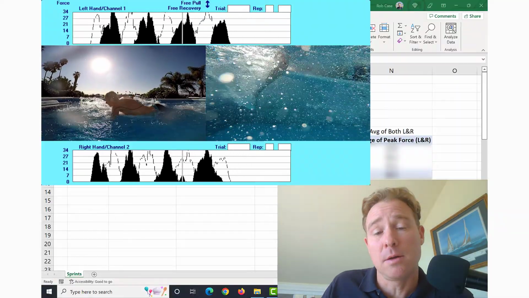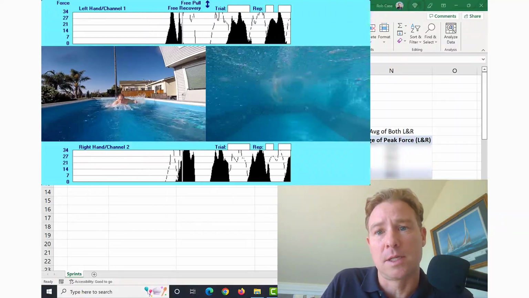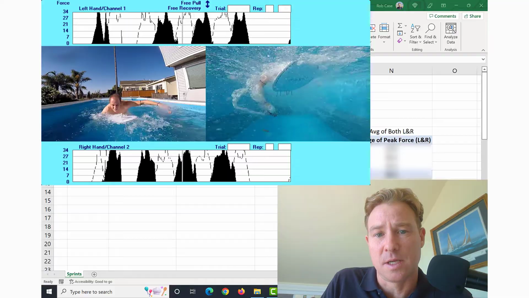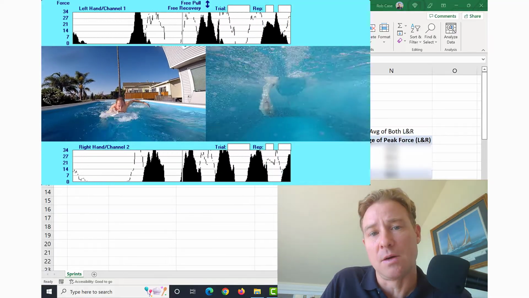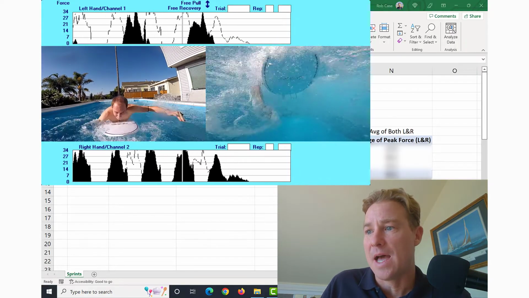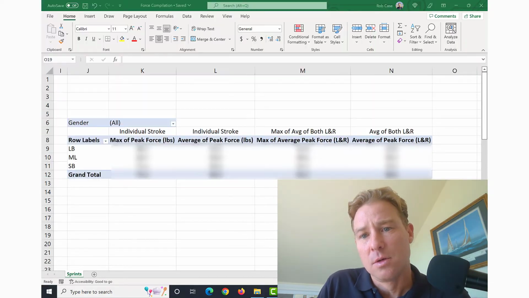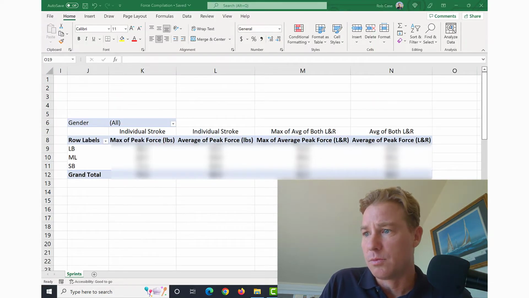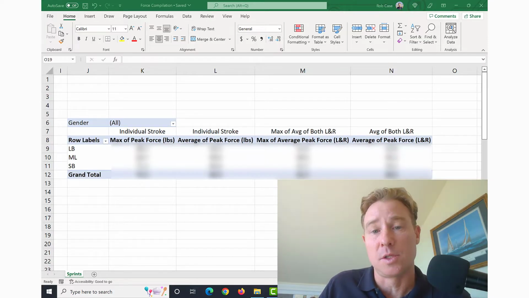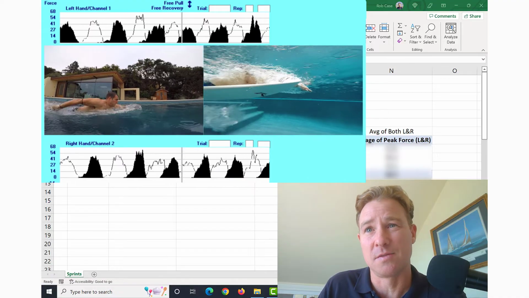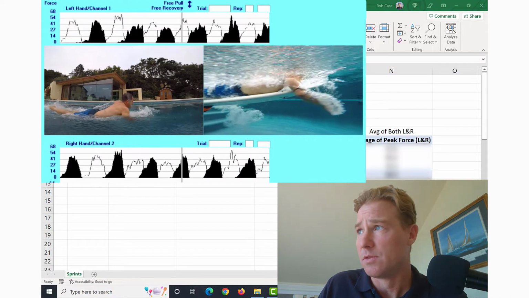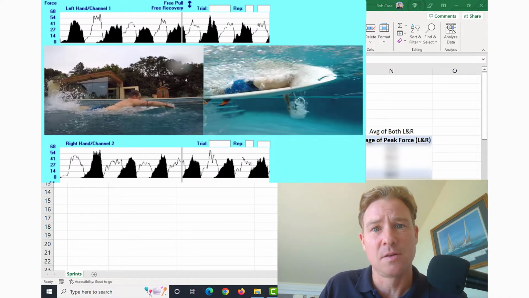Now, what I also do is I collect video at the same time that that data is collected. So having the data, when you match that data with the video, you also get information on the orientation of the hand and the arm during the stroke, instead of just the curve itself.